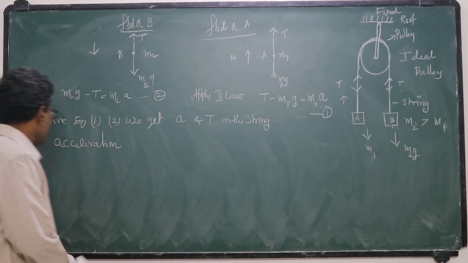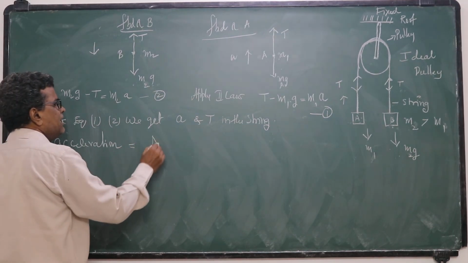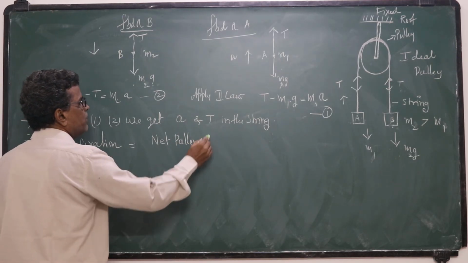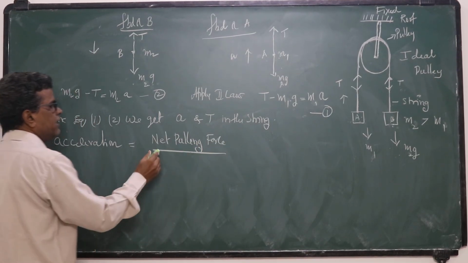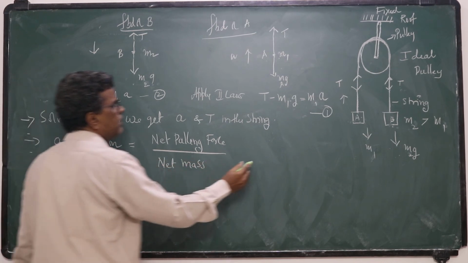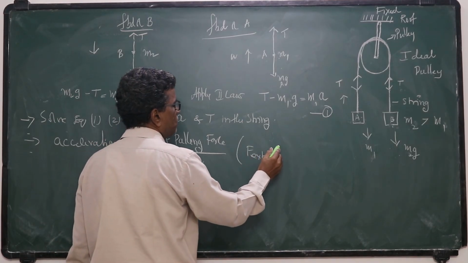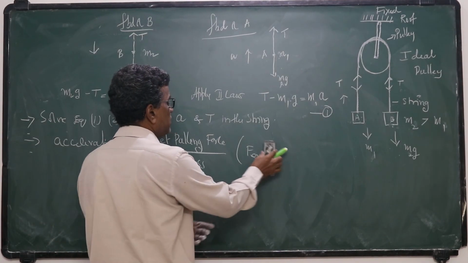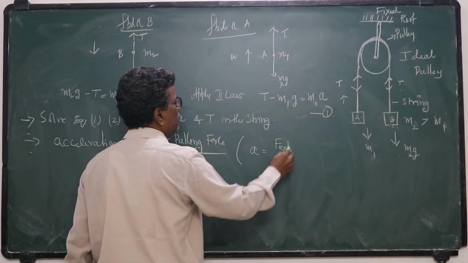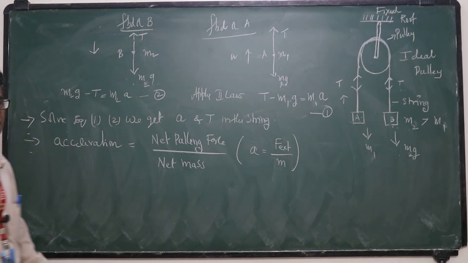So the acceleration of the system is the net pulling force by net mass. a is equal to F external by mass. So this is also Newton's second law.